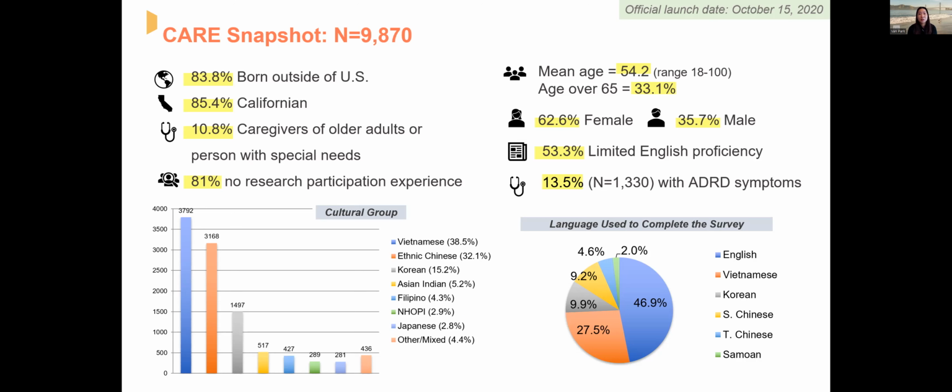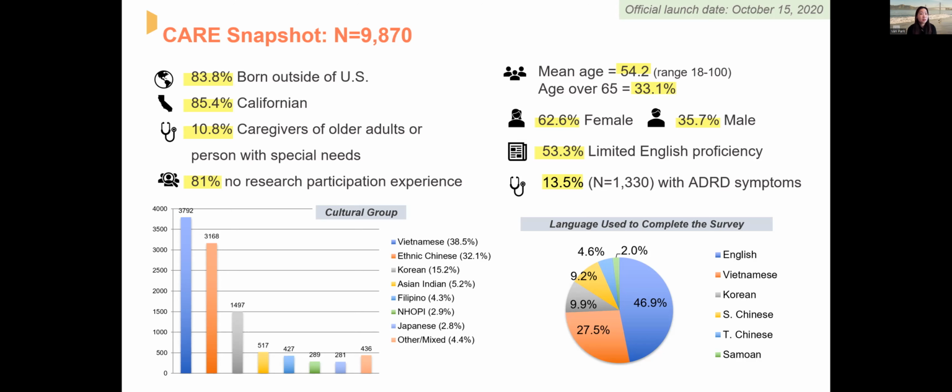However, as you can all imagine, once we launched, there was tremendous interest outside these California regions, and including outside California, for us to allow people from outside to enroll, from both community members as well as partners. So we do have people from outside our targeted areas who are part of CARE. And as I mentioned earlier, we did submit a CARE 2.0 application, and we hope to be able to strategically expand, not just in additional languages, but also across the US.